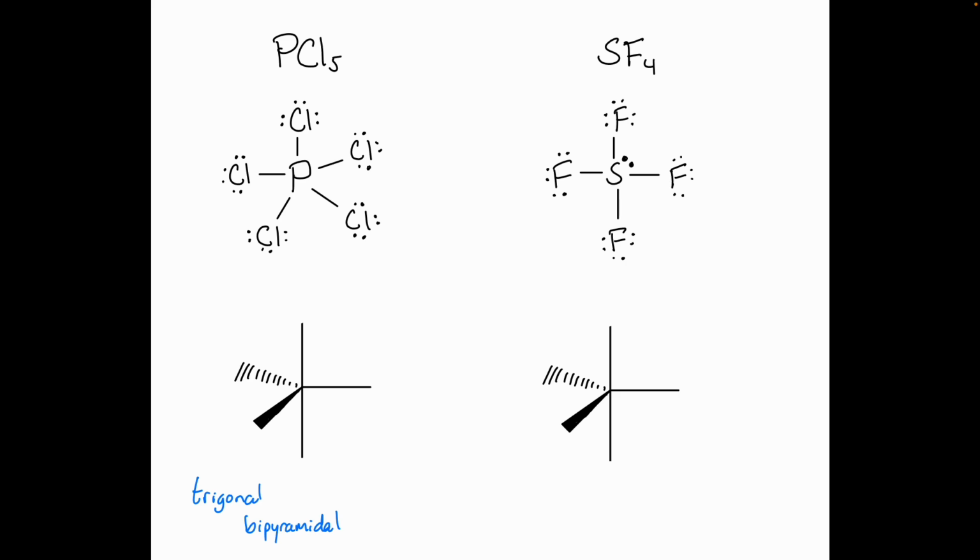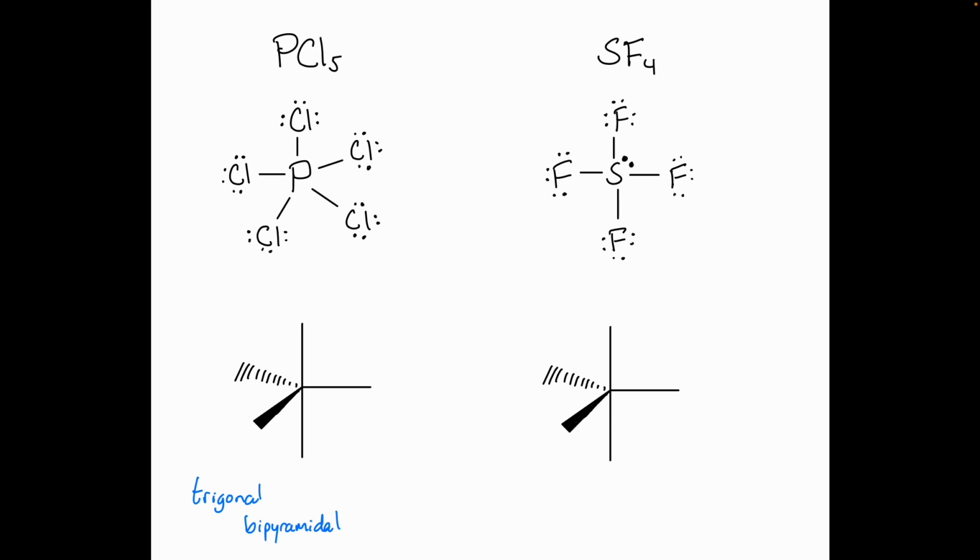But unlike our tetrahedral, here we have 2 very different bonds. We have some bonds, these ones here, that are 90 and 180 from one another. But then we have the 3 in the middle that are 120 degrees from one another, right? So this isn't the perfectly symmetrical structure like we had last time, where it wouldn't matter which one we chose, okay?